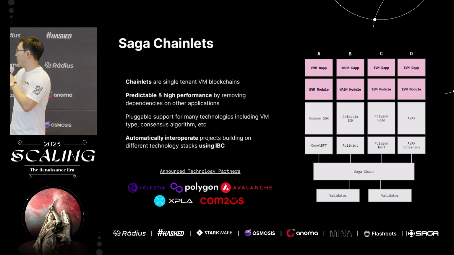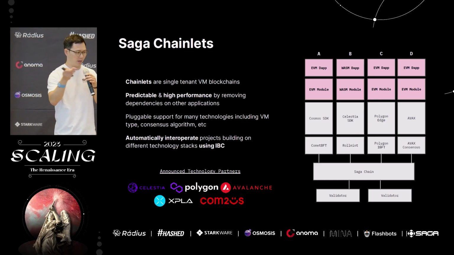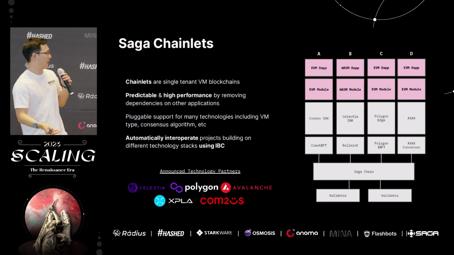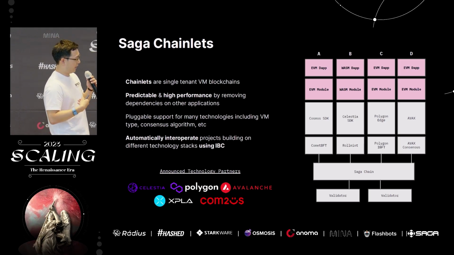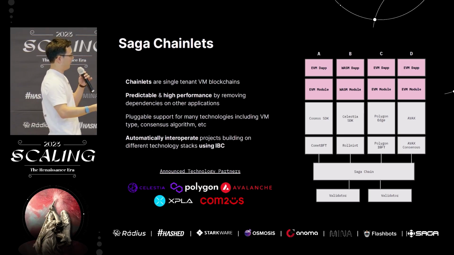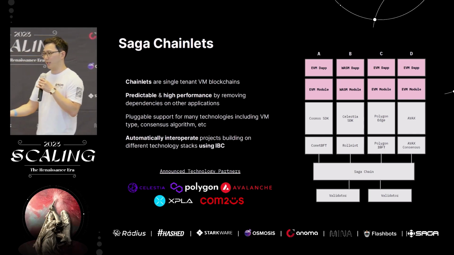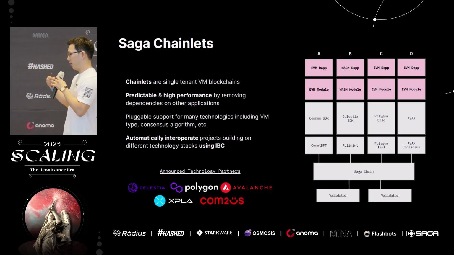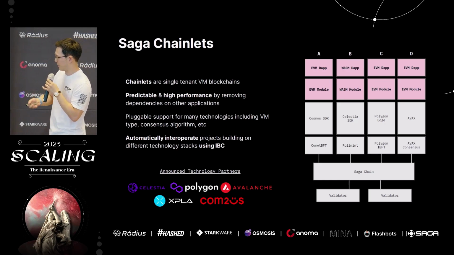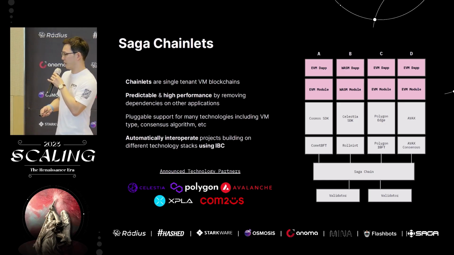In the mainnet, you can have a checkbox and say, I want a Cosmos chain that's EVM compatible with these kinds of services, and it will automatically launch that. Or you can say, I want a Polygon supernet with these parameters, and it will launch that automatically as well. We have various partnerships that allow the launching of chainlets.